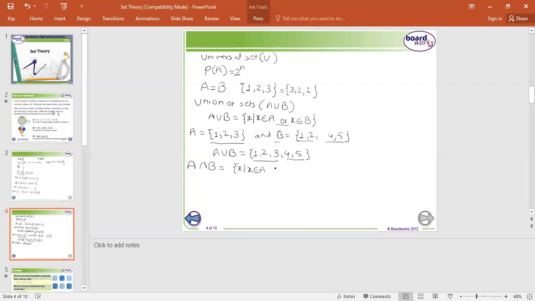Now in intersection there is AND, x belongs to B. This is A intersection B.